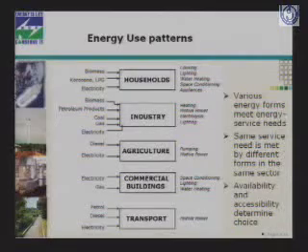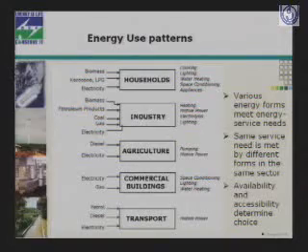Interestingly enough, if you look at households, cooking is carried on biomass fuels, on kerosene, on LPG, and sometimes even on electric heaters. So the same energy form in the same sector may provide the energy to meet the same task. I would like you to remember this diversity.